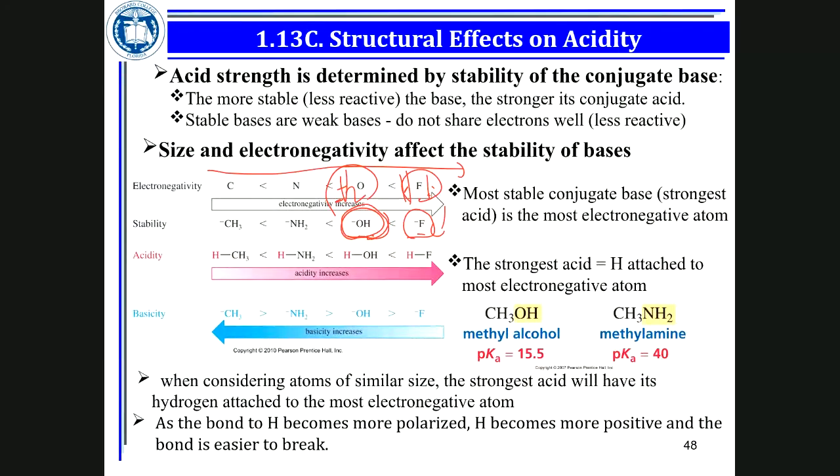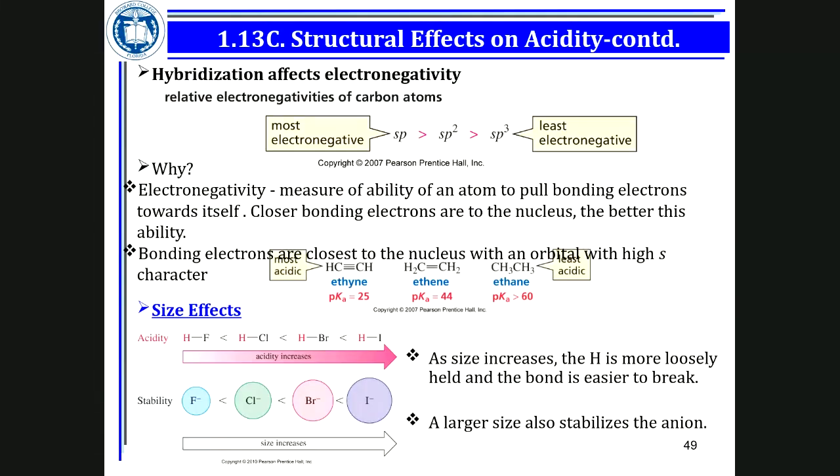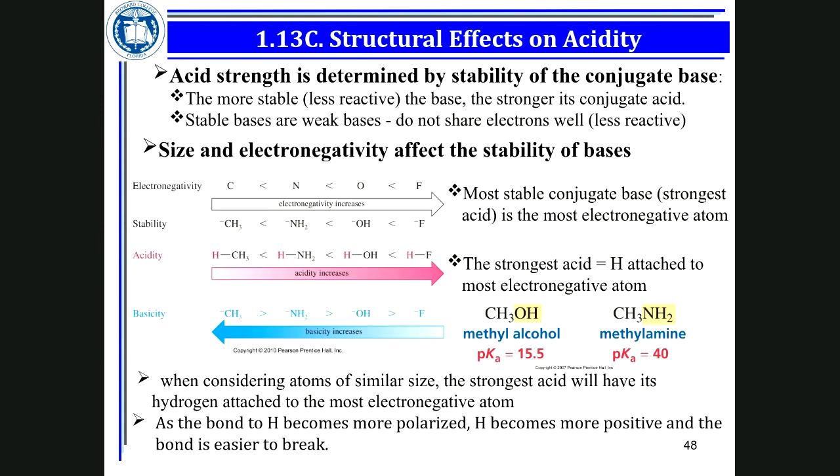Down the group, you justify the acidity based on the size of the element attached to the hydrogen. So if you have HCl and HBr, the greater the size, the stronger the acid is going to be.